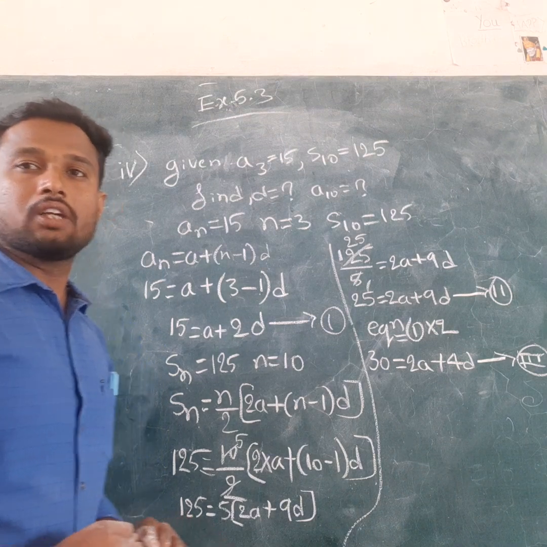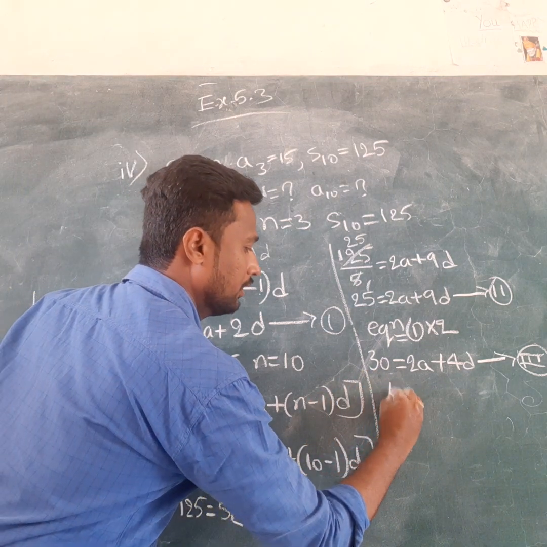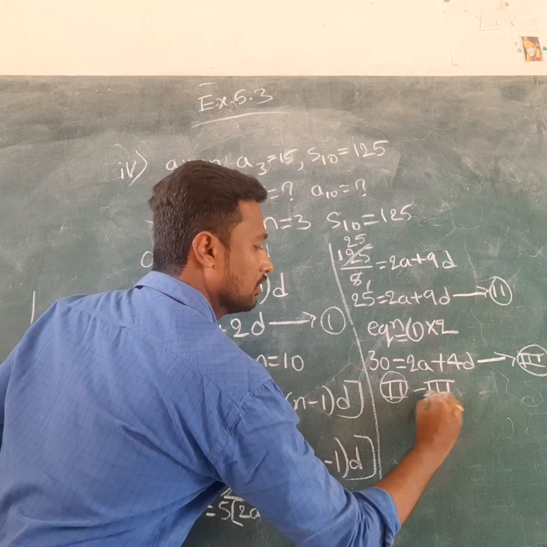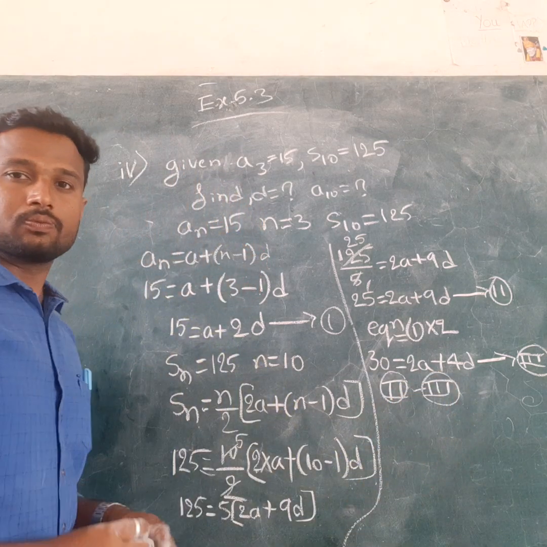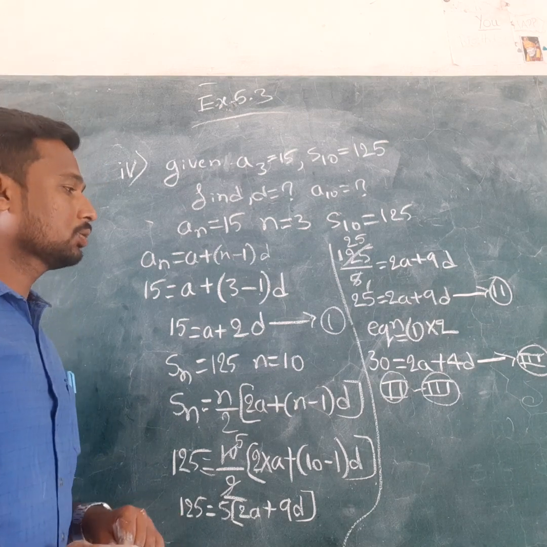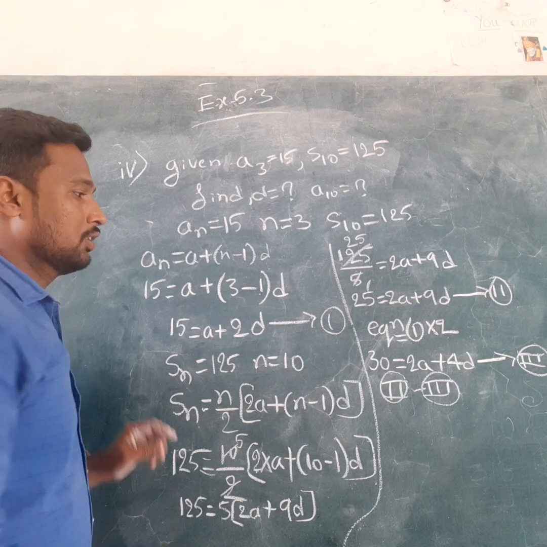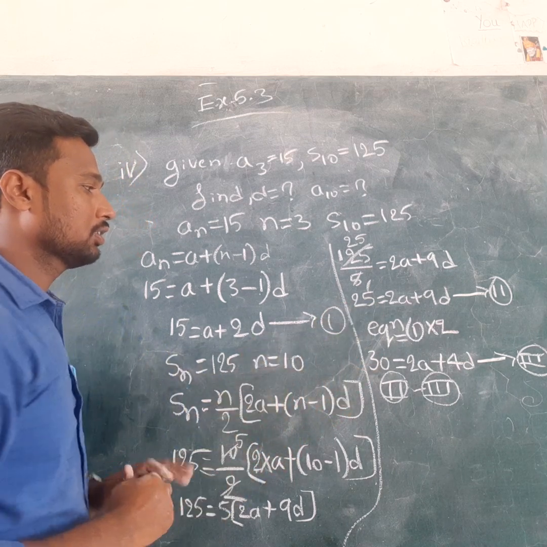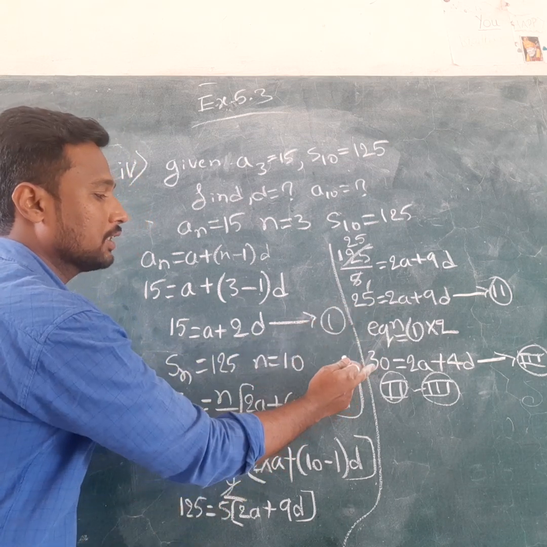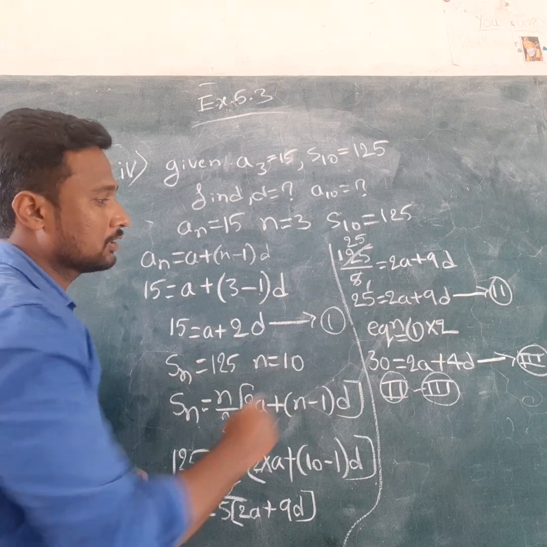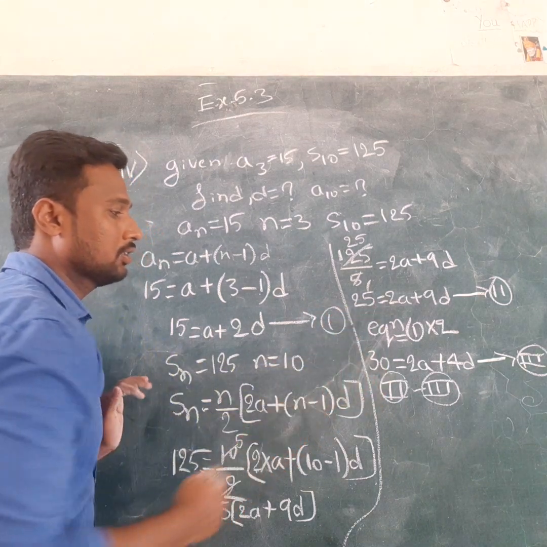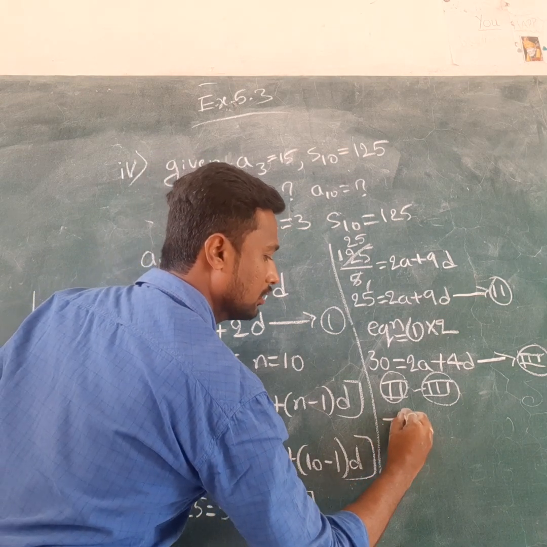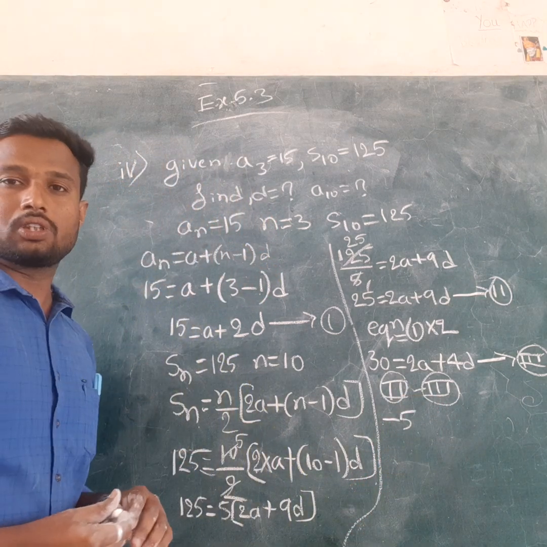Now what will I do? Equation 2 minus equation 3. So here it is equation 2 and equation 3. 25 minus 30, what is the answer? Minus 5. Okay.